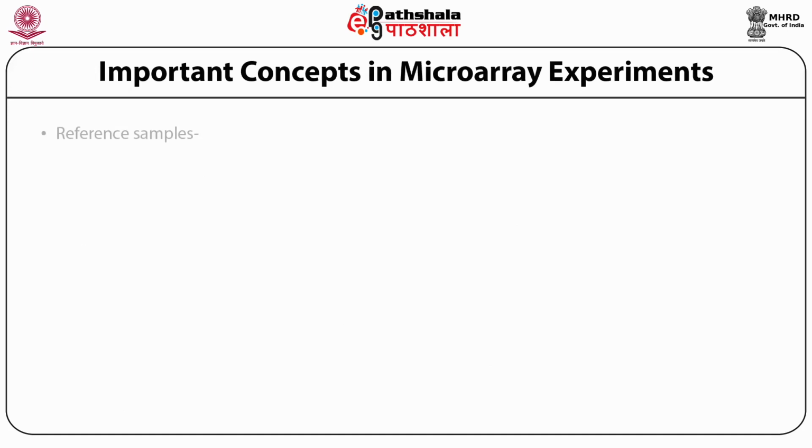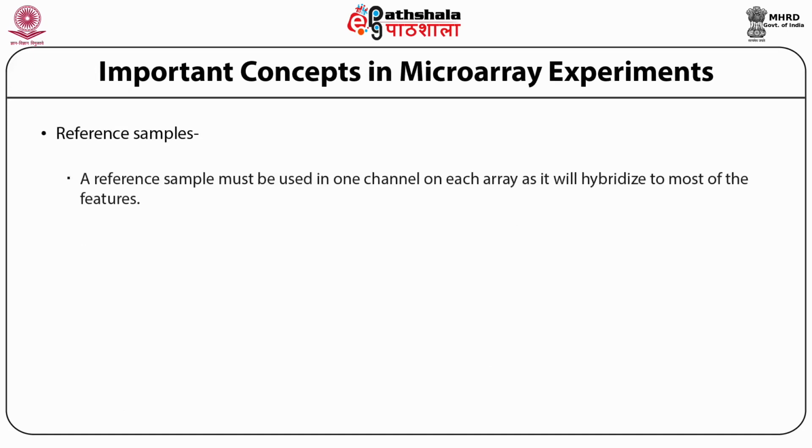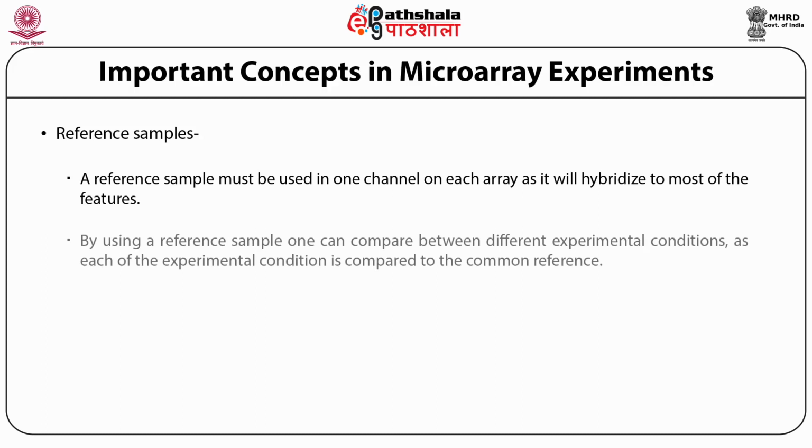Fourth being reference samples. A reference sample must be used in one channel on each array as it will hybridize to most of the features. By using a reference sample, one can compare between different experimental conditions as each of the experimental conditions is compared to the common reference.